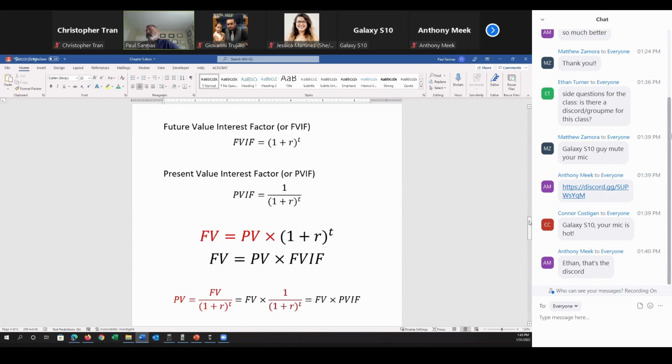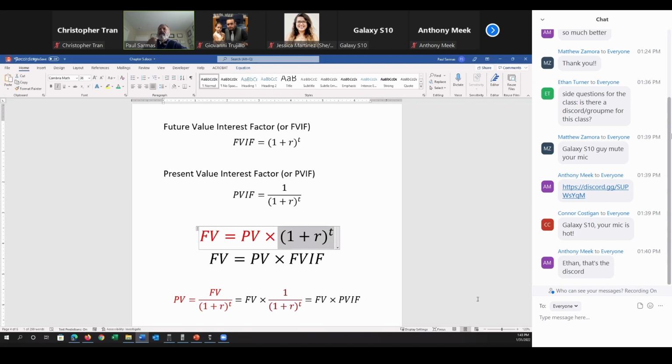Okay, the formula that you see here: future value is present value times (1 plus R) to the power T. The last term, (1 plus R) to the power T, has a name. You need to be familiar with that.